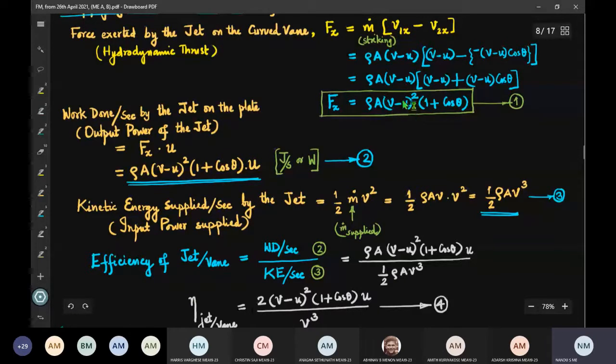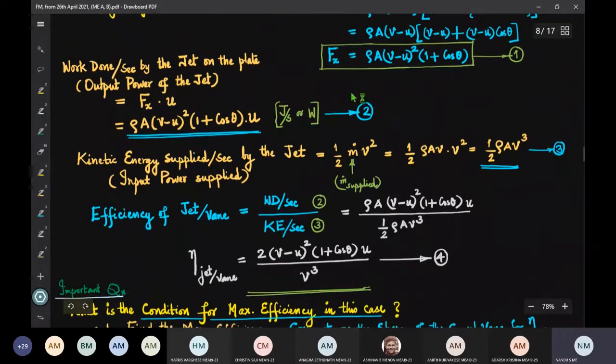So instead of v, we now have v minus u. The earlier expression, rho a v square into (1 plus cos theta), applies when the curved vane is stationary, and in this case it is rho a into (v minus u) whole squared into (1 plus cos theta). Force is reduced.